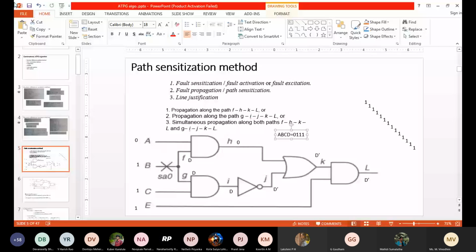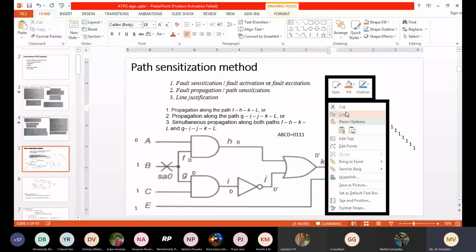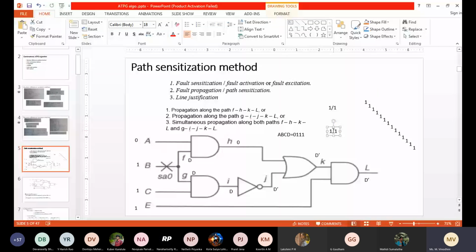Think. Consider like this. One of the inputs, one means you consider as 1/1. Other input I told D, right? How can I write D in this format?